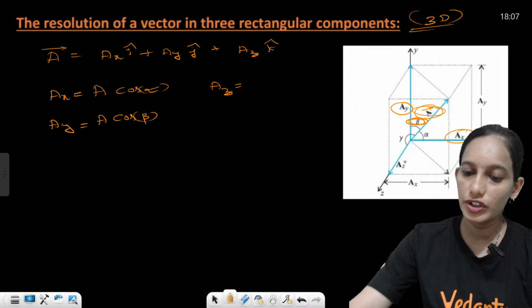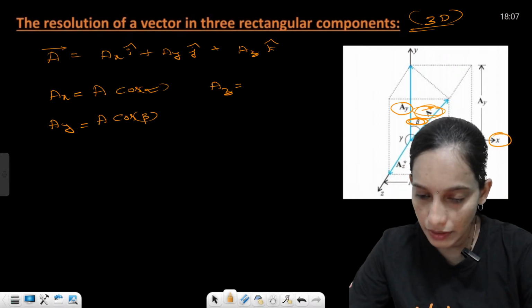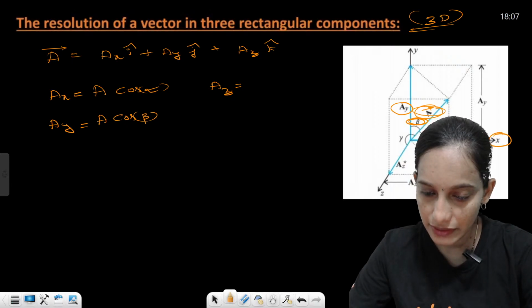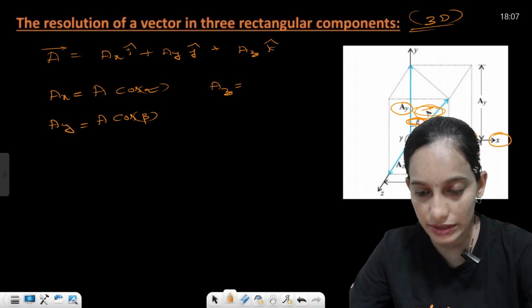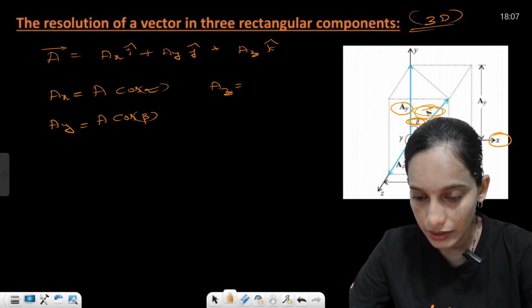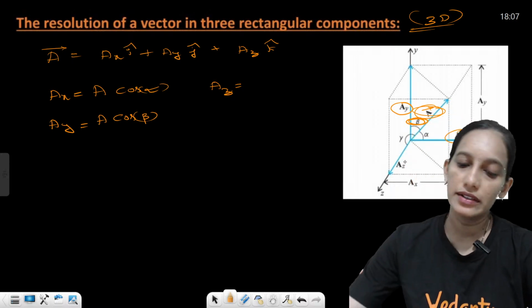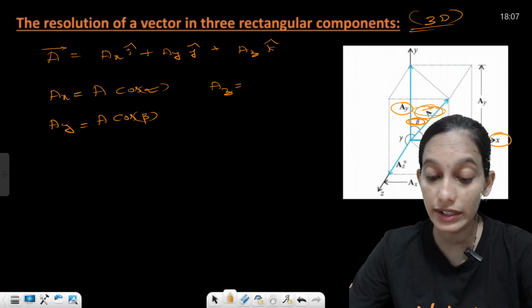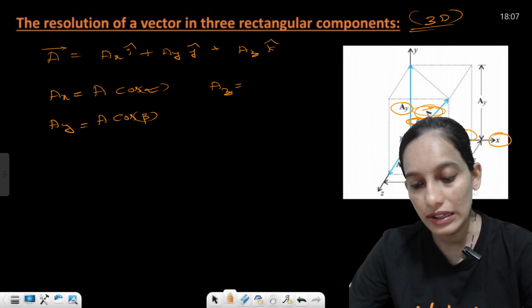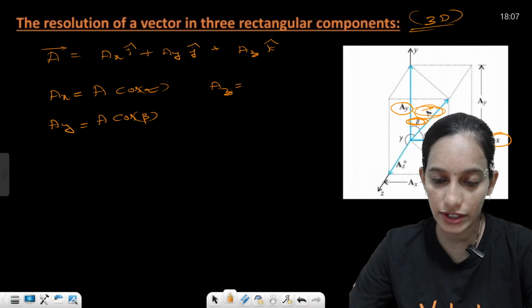Integration you want to learn, right? Let me see if I can get one extra session, so I'll try to discuss integration. Maybe when we start the work, energy and power chapter, we will need integration and differentiation to some extent.